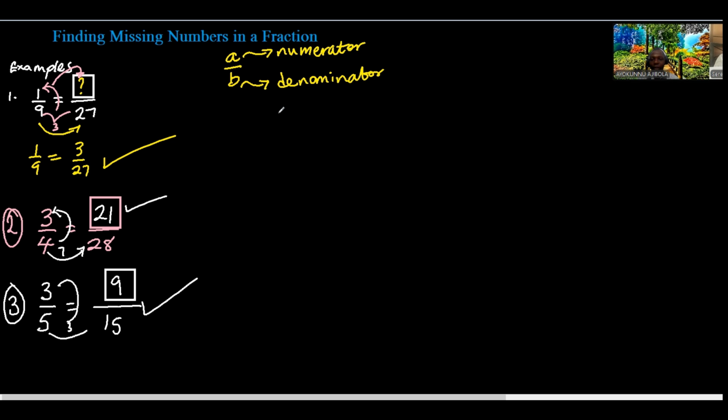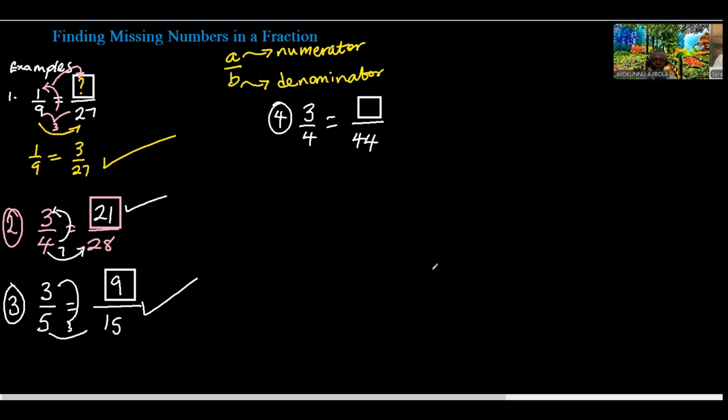So let's look at another example. Let's say you have 3/4 equal to something, a box, over 44.